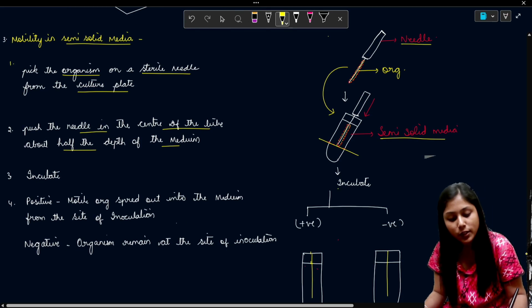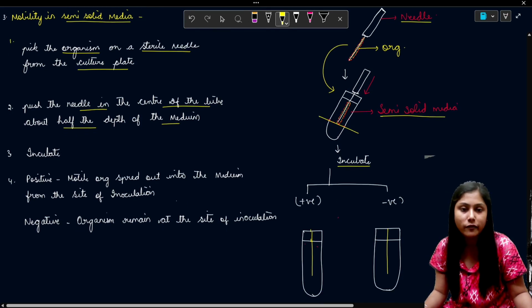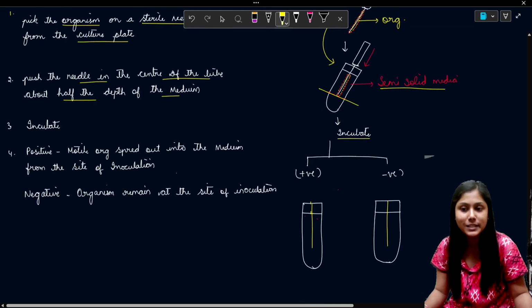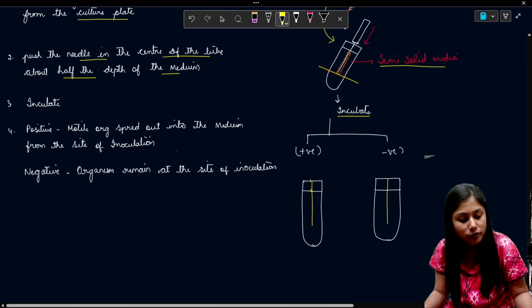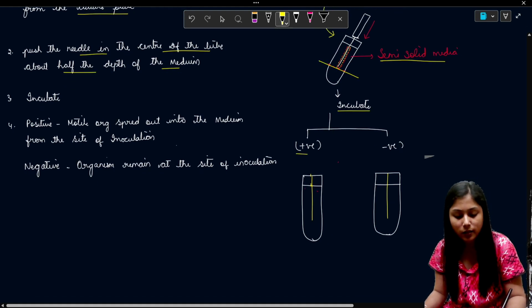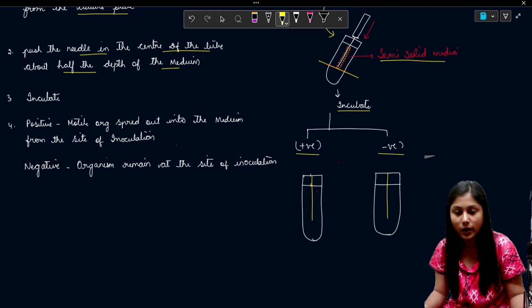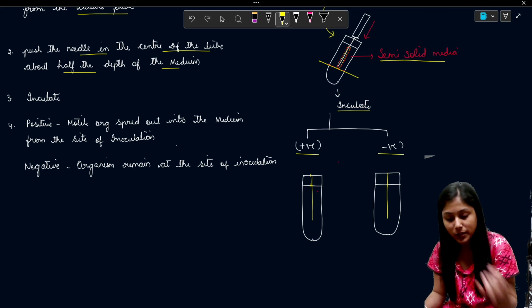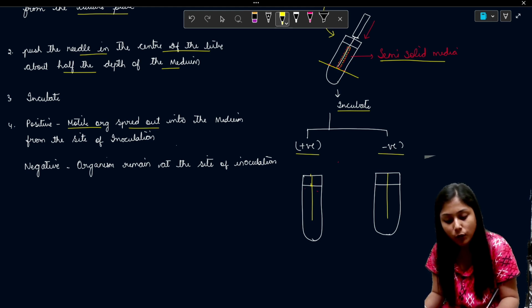Next, I'm going to incubate, and after incubation the bacterial growth will be seen. Now if I want to know whether the bacteria is motile or not, how do I know? It's very simple. The result could be either positive or negative. If the result is positive, that means the organism is motile, and it spreads out into the medium from the site of inoculum.